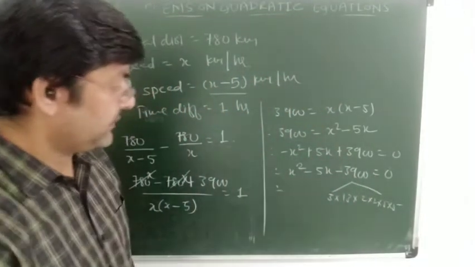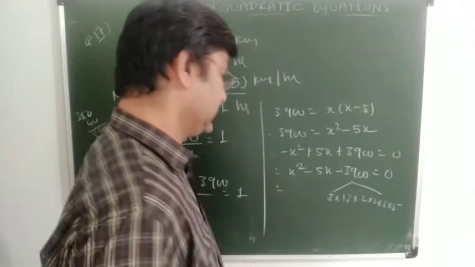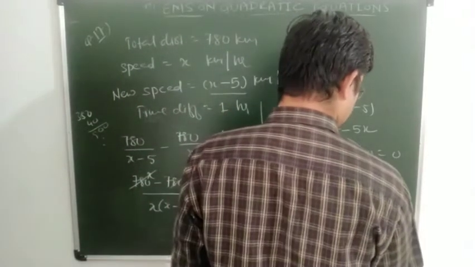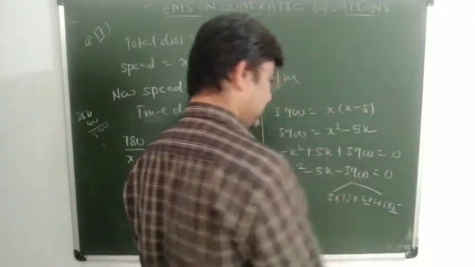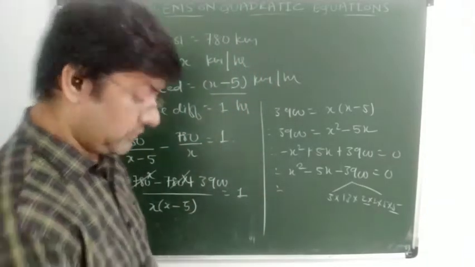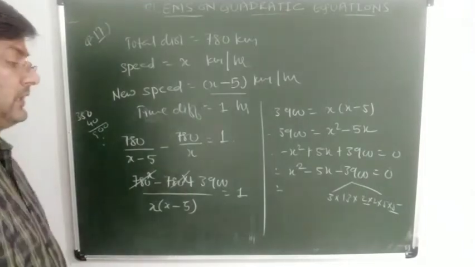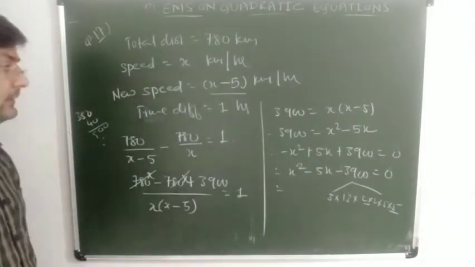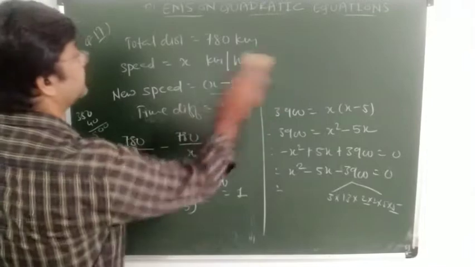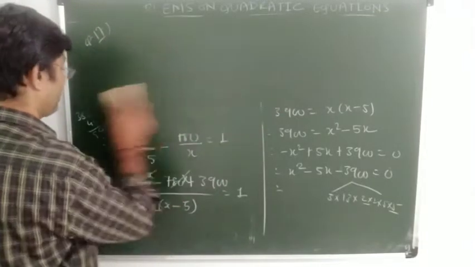Yes or no? So 13 5s are 65. Yes, 60 and 65. Clear? So we have two factors, 65 60s are 3900, and if you take the difference you will get minus 5.